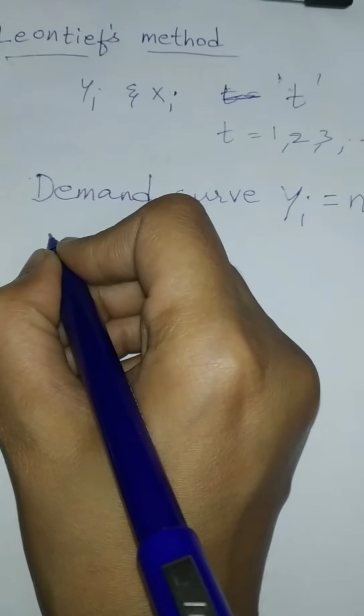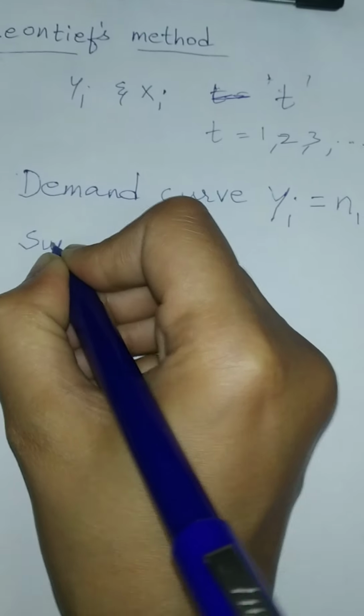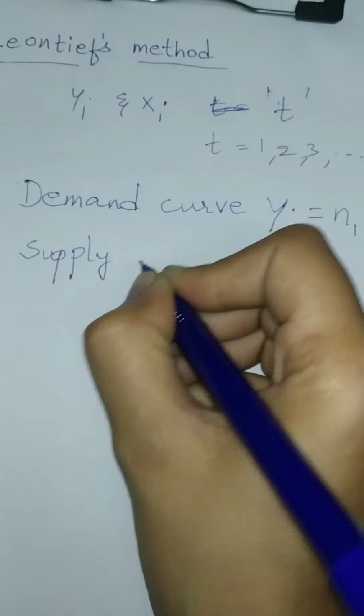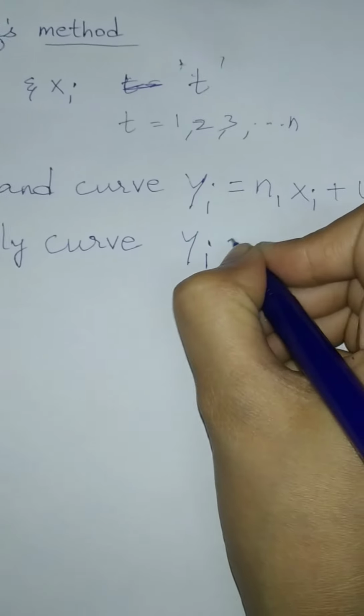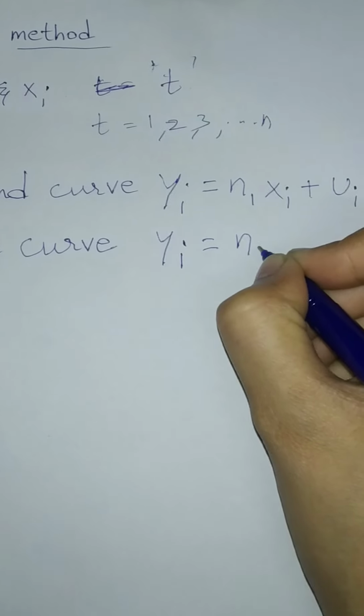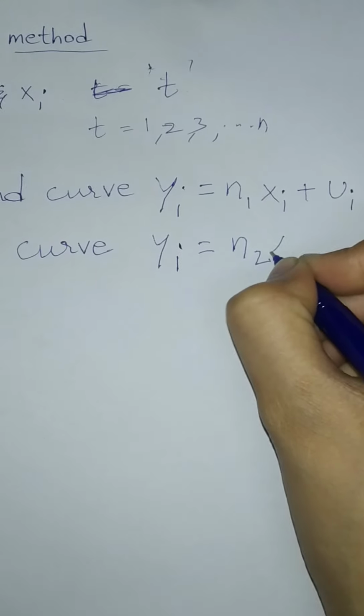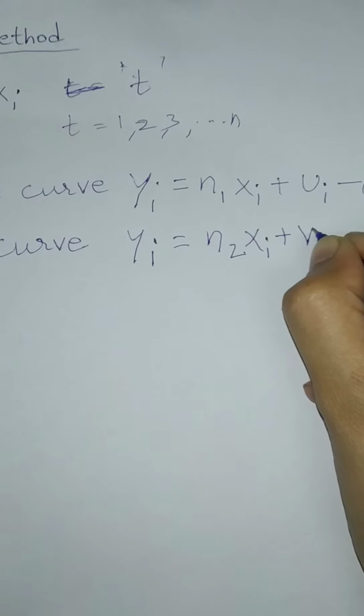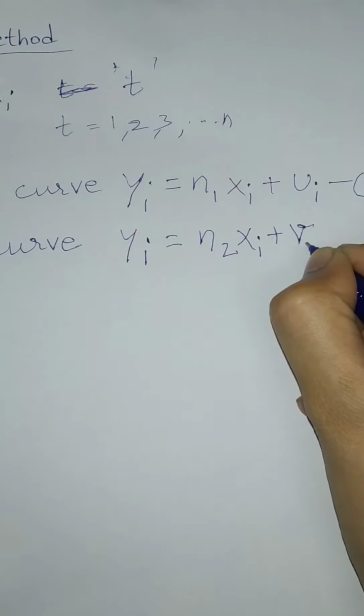And if it is a supply curve, we will denote it as yi is equal to n2 of xi plus vi. Here I am writing v like this, vi. This is equation 2.